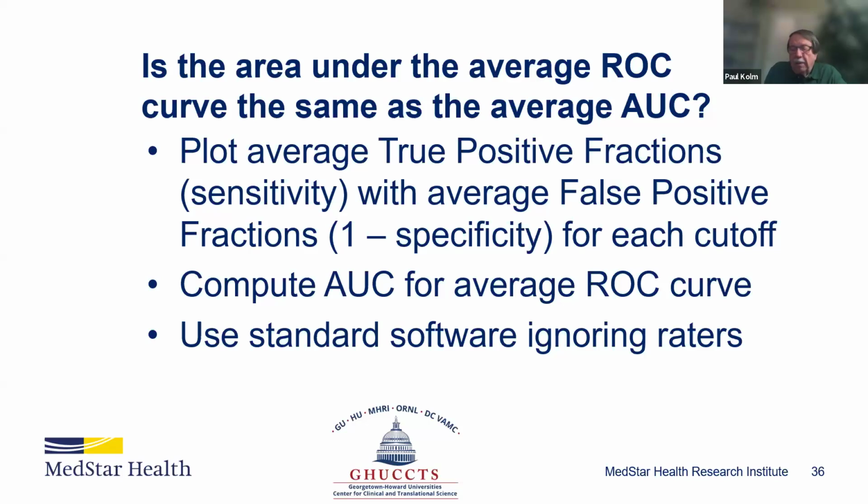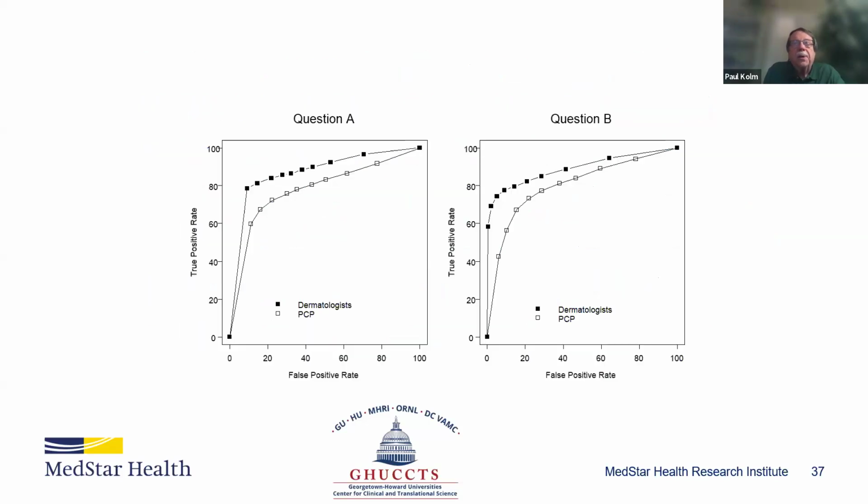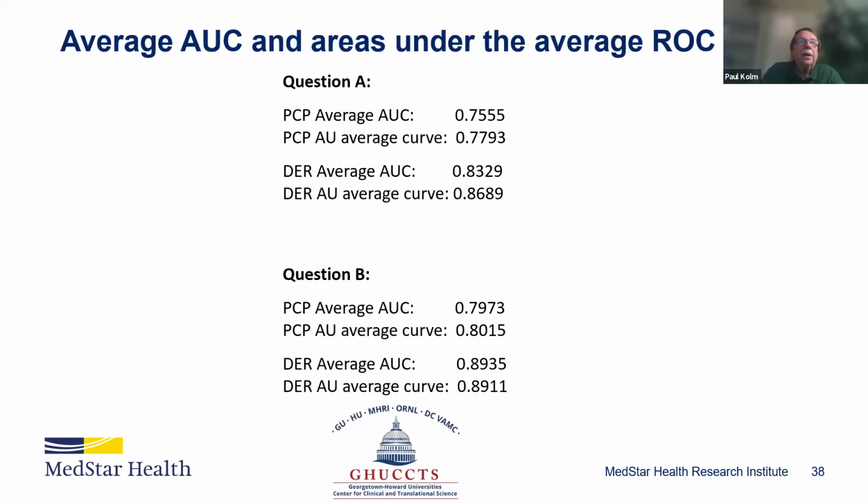We'll do it first using standard software, ignoring raters. And so this is what we would get, and we can see that the dermatologists on both questions have a better AUC than the PCPs.